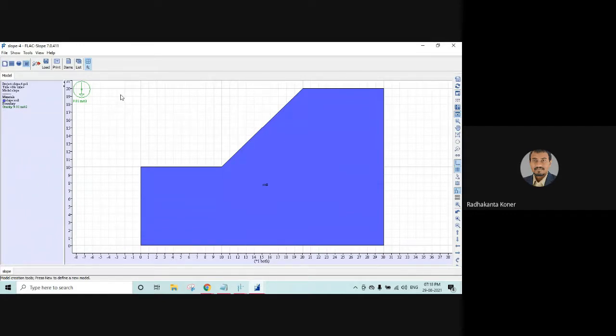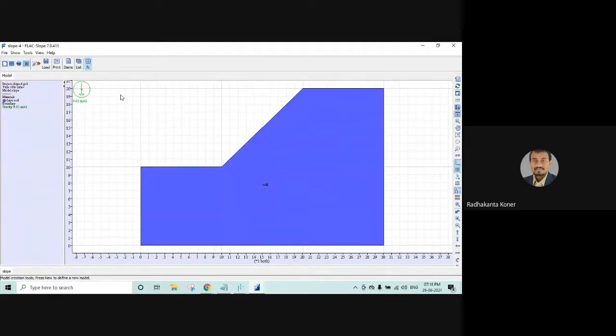There will not be any more convergence possible within this model. Otherwise, if the unbalanced force is decreasing steeply, we have to go for a few thousand steps again to check whether the curve has flattened enough. So this is one way to check whether the solution has reached an equilibrium condition or not.